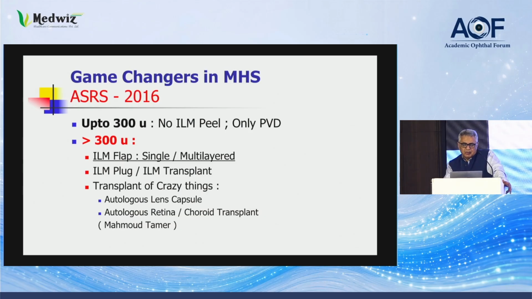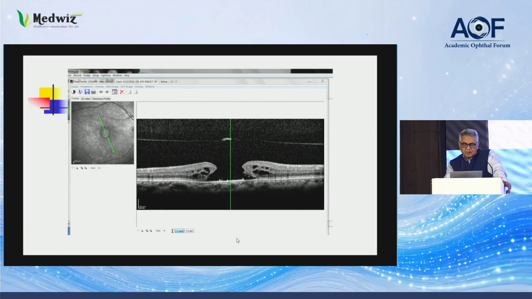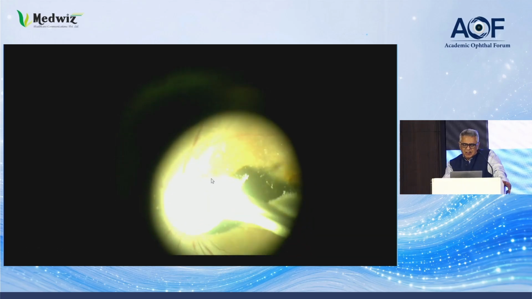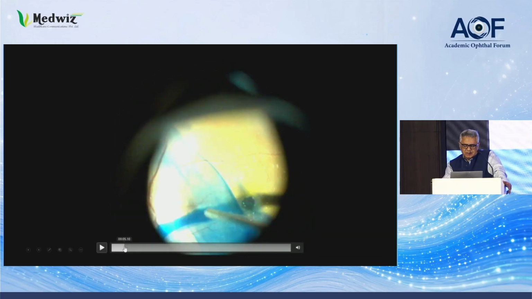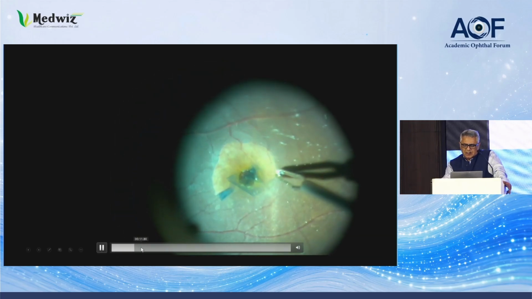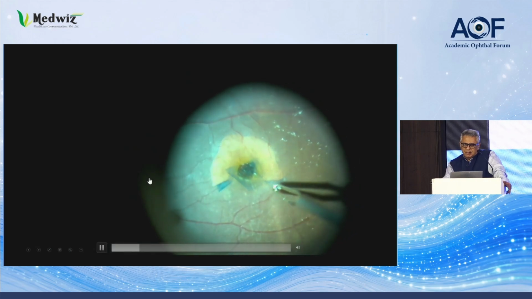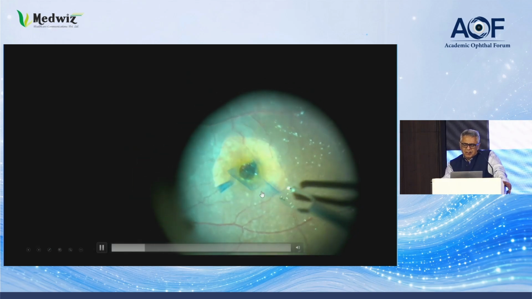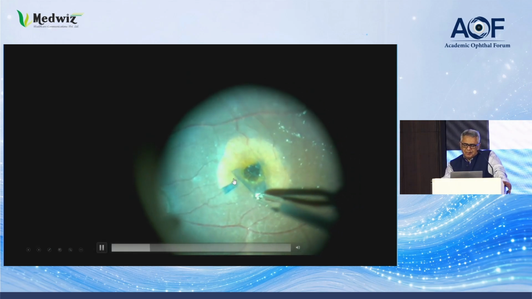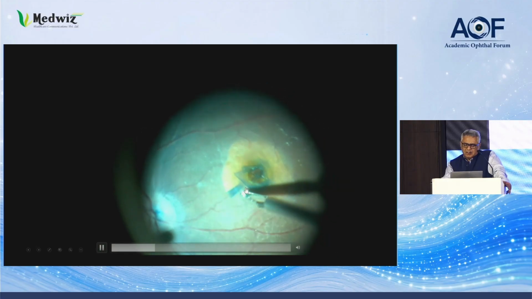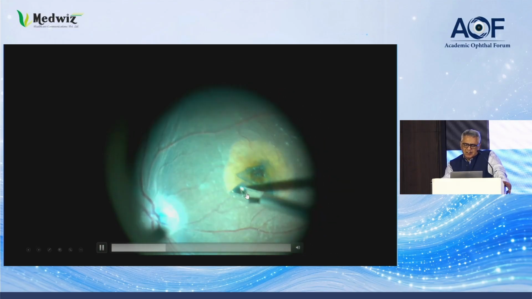At the ASRS conference in 2016, I approached this lady with a large chronic macular hole, followed up for years and years. She was taken up for surgery, and what we did in this lady was, after the initial PVD induction, you see, instead of peeling it across, you make this flap, direct pinch and peel technique, and take it till the edge of the macular hole and leave it there.